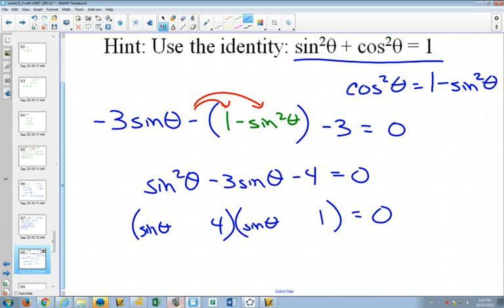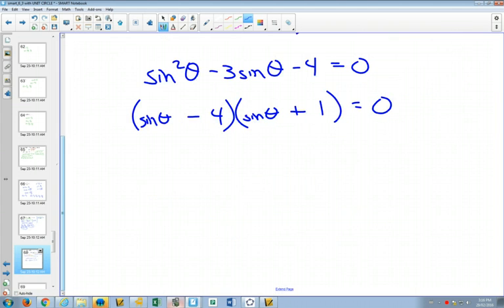So I'd have to use 4 and 1 because with 4 and 1 I can get 3. I need a negative 3, so I'd need my 4 to be negative, my 1 to be positive. Do a quick check. Do I still get everything if I multiply this out? Yes, I do.